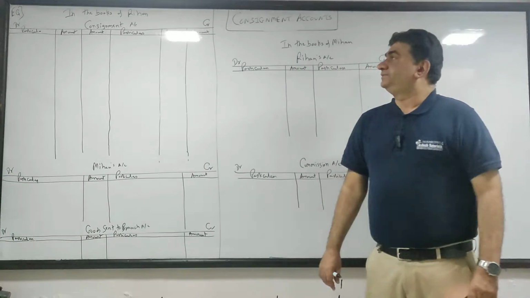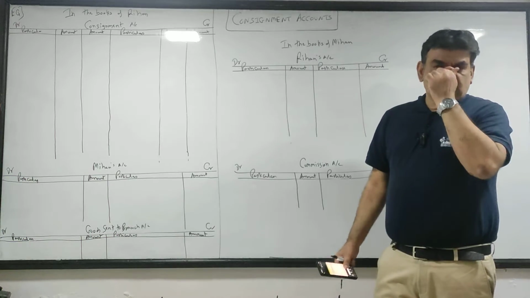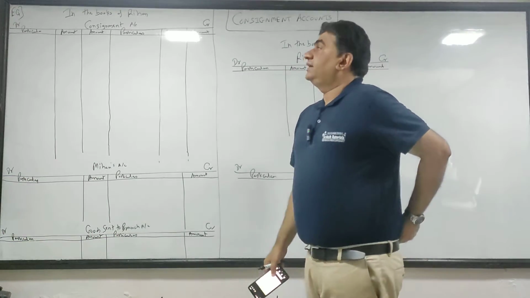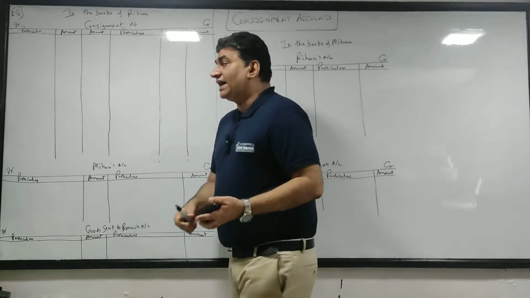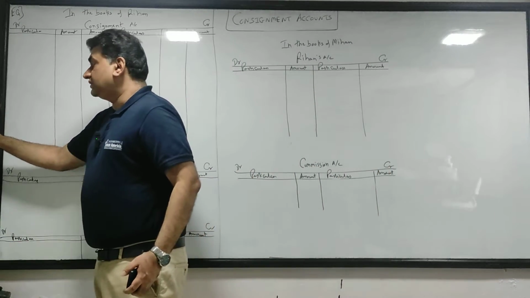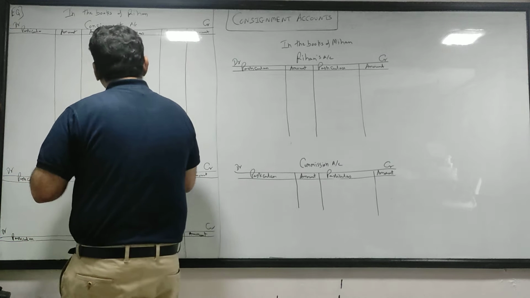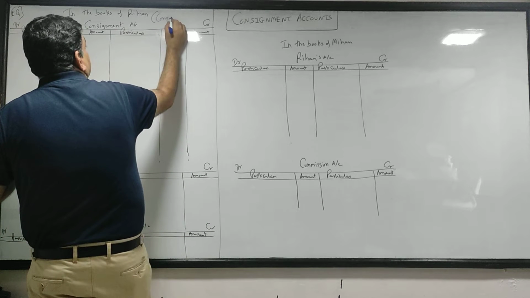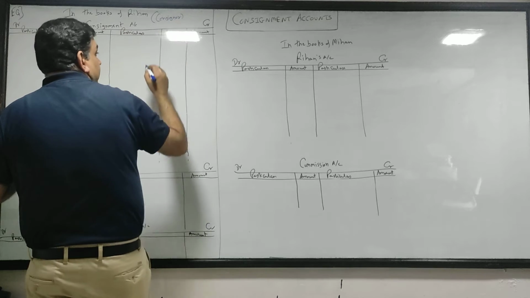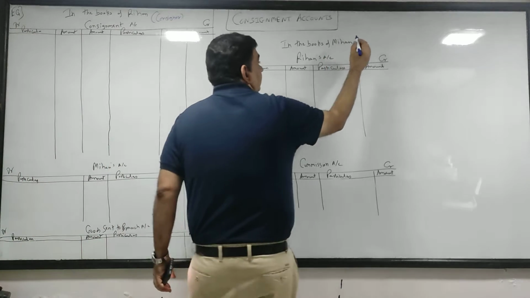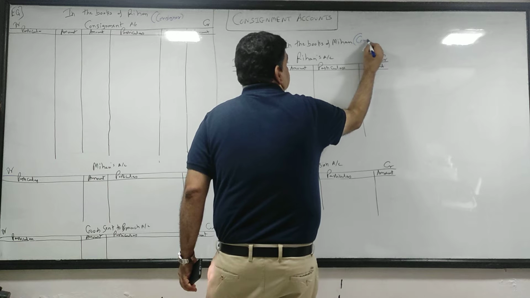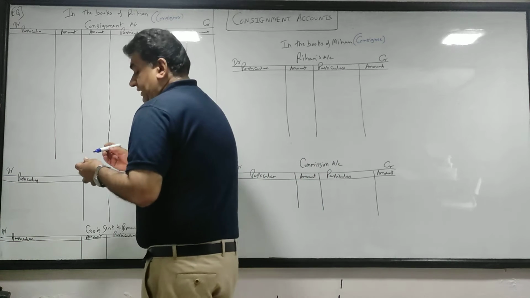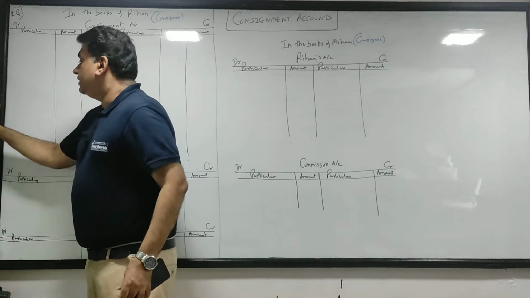Okay, now listen. Rihan has initiated the transaction. He is the one who has created the transaction. So in this sum, Rihan is the consignor and the agent is Mihan, who is the consignee.